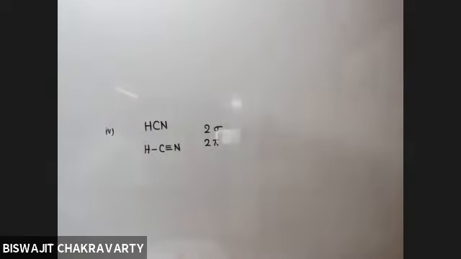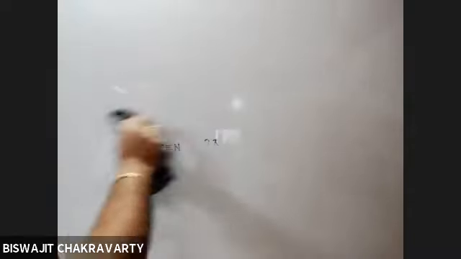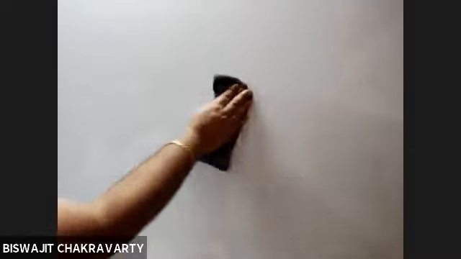Next thing, the pi bond comprises how many electron clouds? 2 electron clouds. And what is the location of the electron clouds? Above and below the internuclear axis, isn't it? And what is the number of electron clouds in sigma bond? 1 single electron cloud.